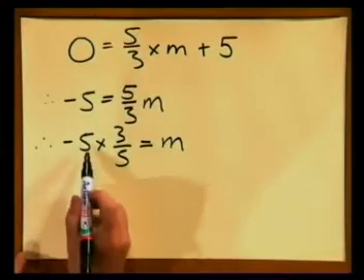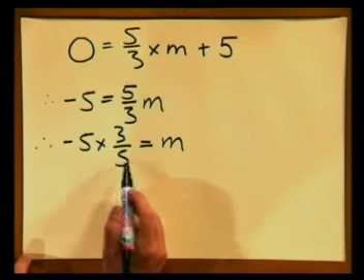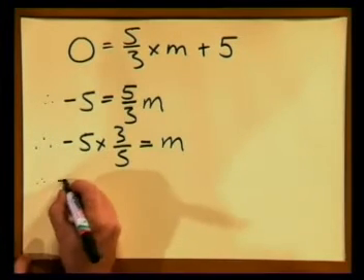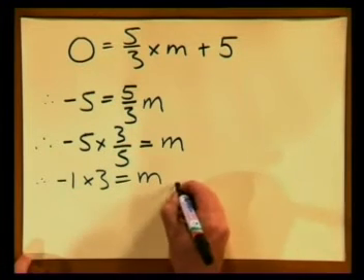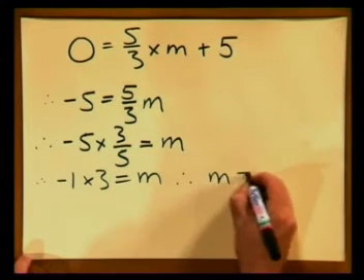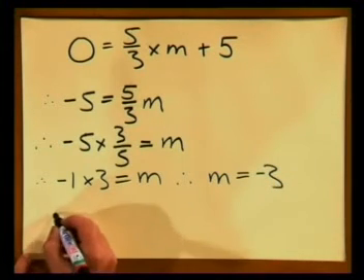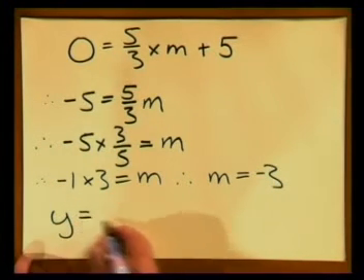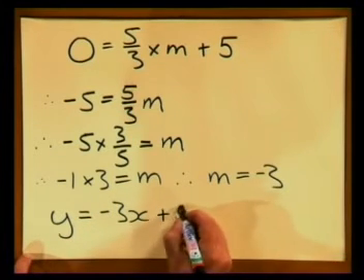Now remember that minus 5 divided by 5 is equal to minus 1. So we have that minus 1 times 3 is equal to m. Therefore, m is equal to minus 3. So our formula is y is equal to minus 3x plus 5.